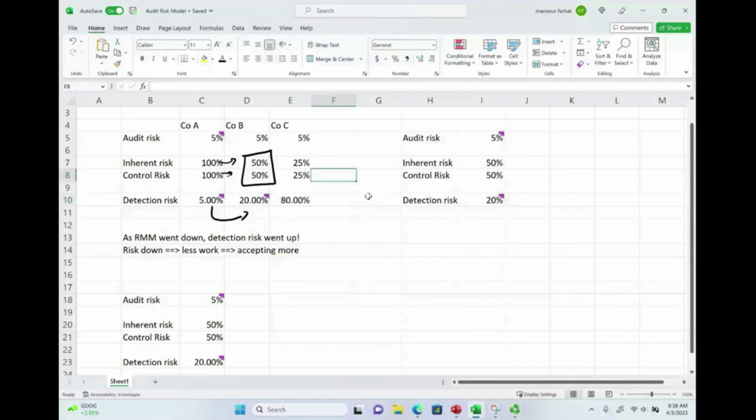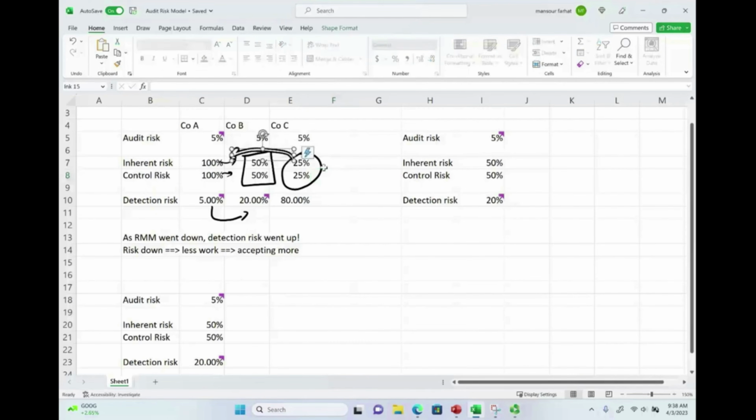If I'm accepting an 80% chance, obviously I can do less work because I am willing to take more chance. Why am I willing to do so? Because their RMM is low. Inherent risk and control risk are both lower than what we started with compared to company A.